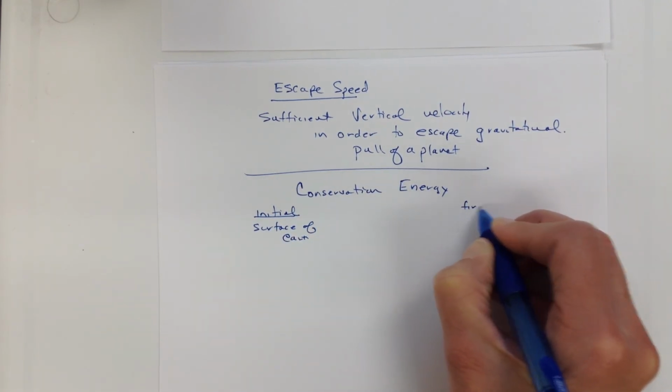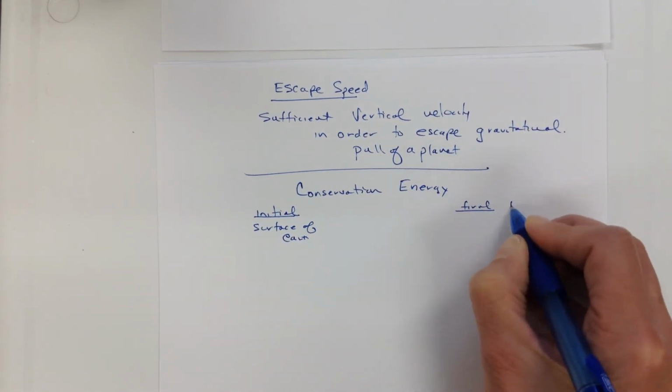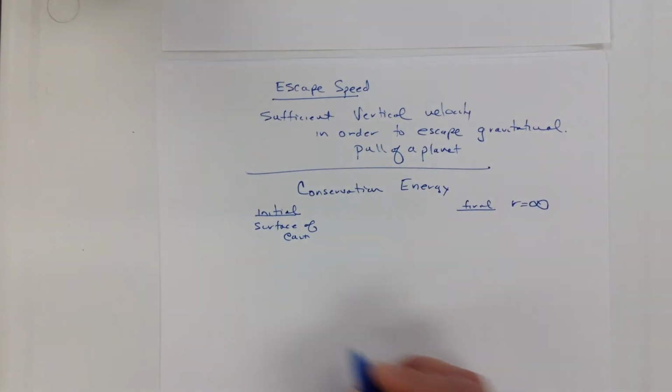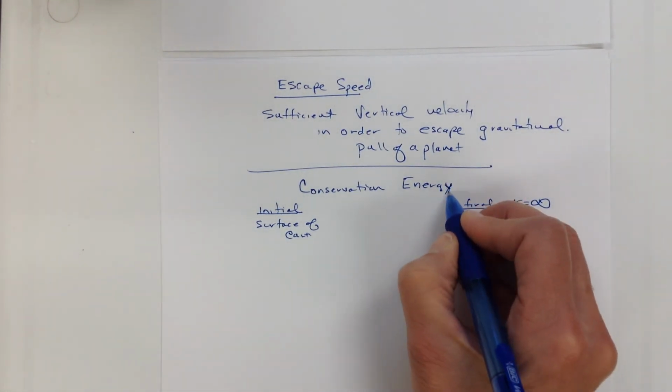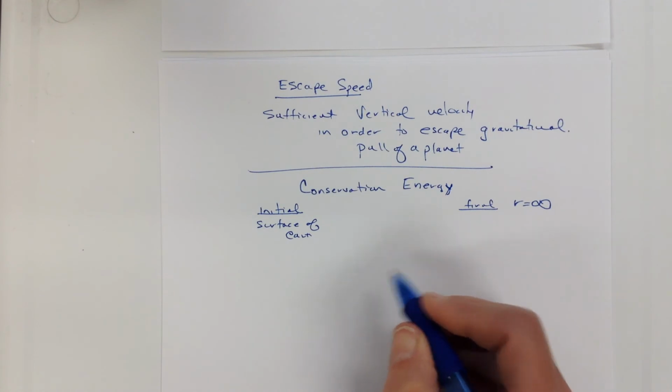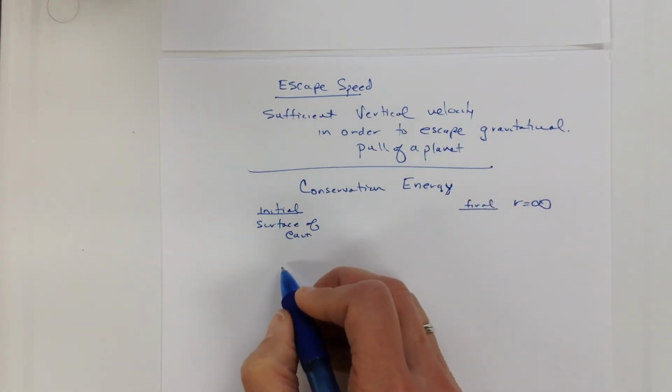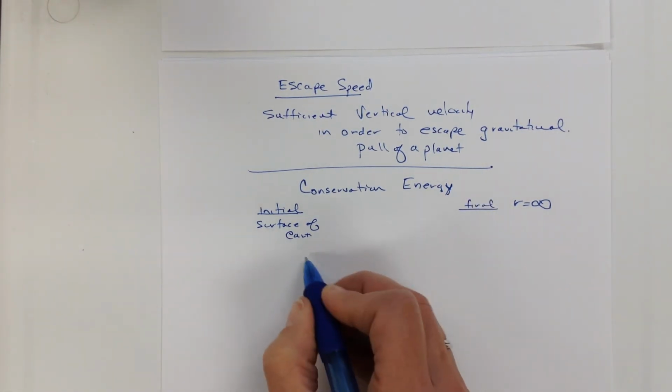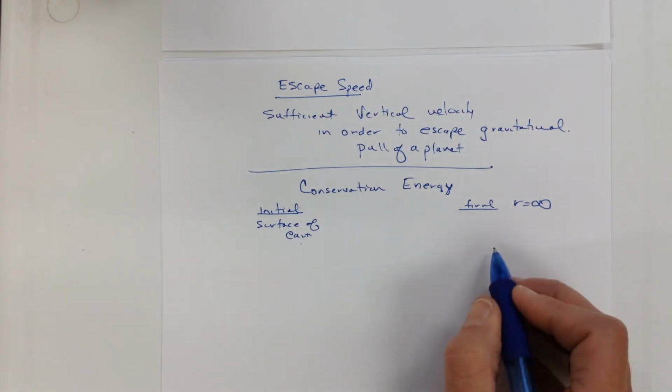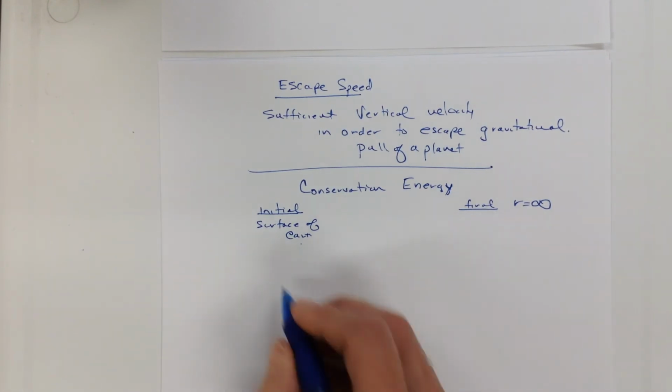Our final state is going to be at infinity. Okay? So conservation of energy, in the absence of air resistance, which is what we're going to consider, says that the total mechanical energy of our system before is going to equal the total mechanical energy of our system afterwards.